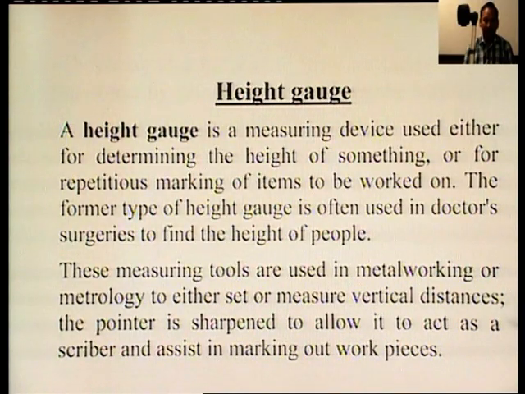These measuring tools are used in metalworking or metrology to either set or measure vertical distances. The pointer is sharpened to allow it to act as a scriber and assist in marking out work pieces.